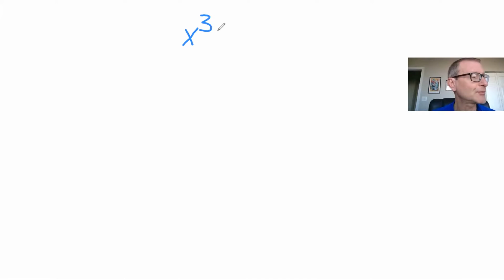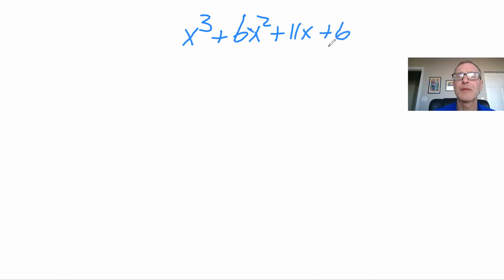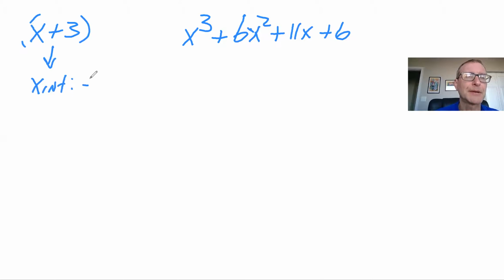So let's go through the same two examples that we did in the last lecture. As I write this one down, this should be 6x squared plus 11x plus 6. If you remember, we divided the minus 2 x-intercept into this, so that was x plus 2. Let's do a different one. In this case, we had x plus 3 as the factor, which implies that the x-intercept would be minus 3.